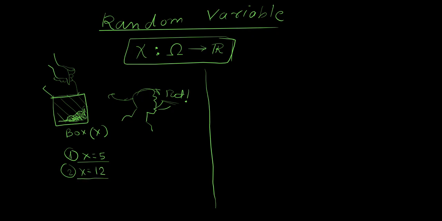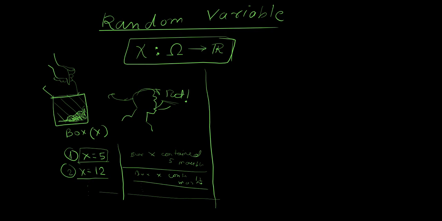This game continues on and on infinitely. Then you say: in the first scenario, the box X contained 5 marbles. In the second scenario, similarly, the box X contained 12 marbles, and so on and so forth.